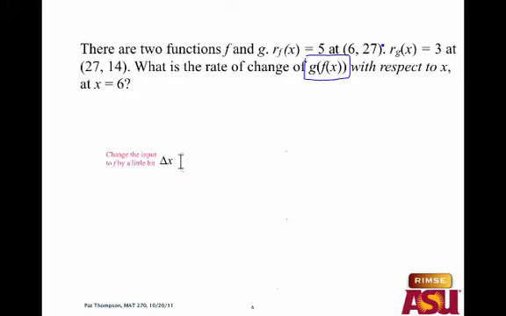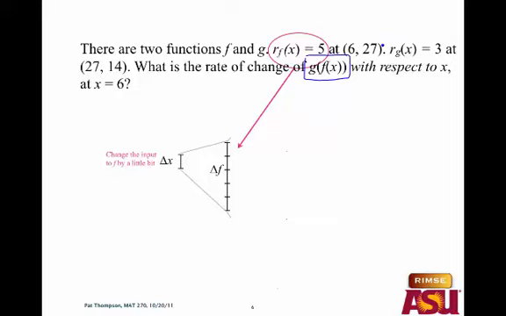F comes first. How much will F change when x changes by a little bit? It'll change 5. Is that right? No, it will not change 5. It will change 5 times as much as whatever little change of x we had.